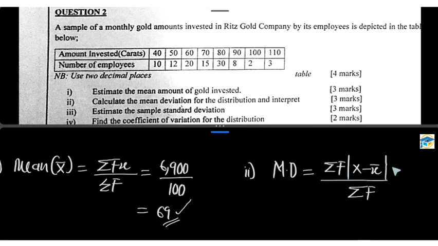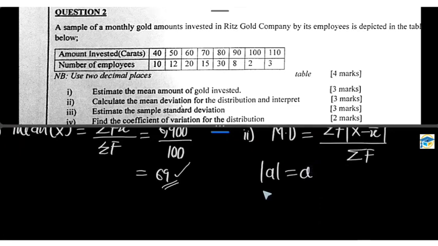So the absolute bars here mean that if I have, let's say, A with the absolute bar, it should fetch me the same thing, A. But if I have negative A and I place in the absolute symbol, it should fetch me positive A. So the goal here is that if it is negative, when you find the absolute values of those values, you should be able to get positive. But if it is positive, it remains positive in that particular case.